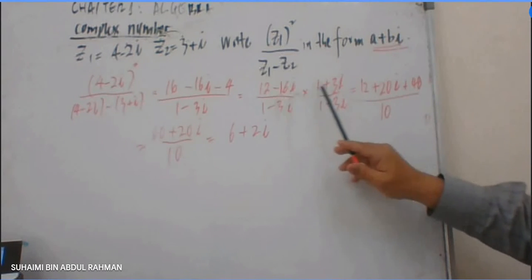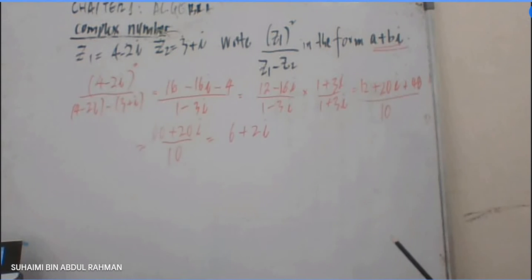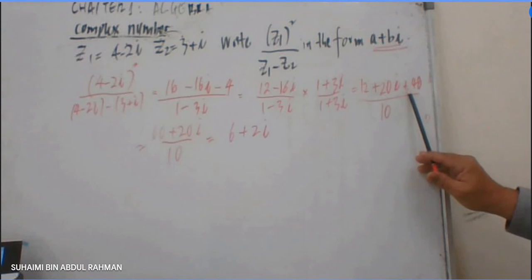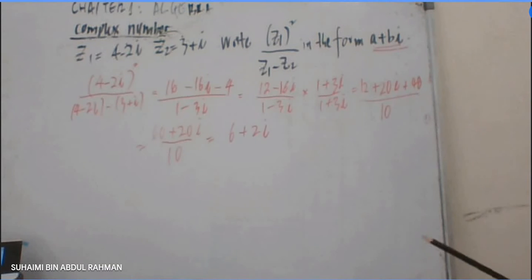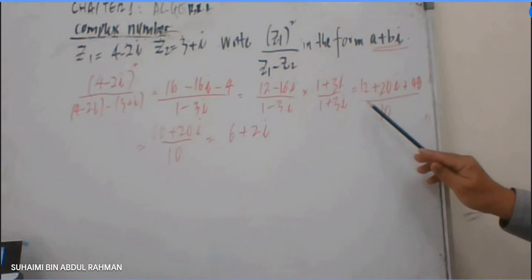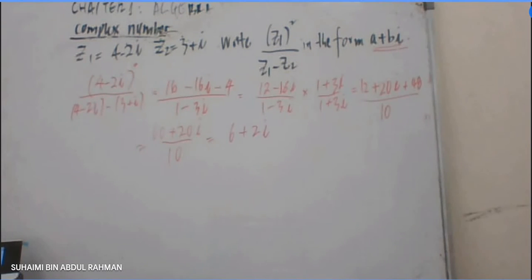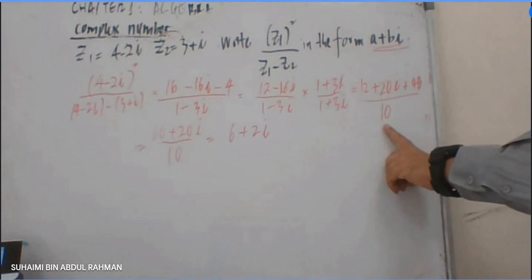So we get 12 plus 36i minus 16i minus 48i squared, or plus 48, divided by 10. After we multiply, we get 10.